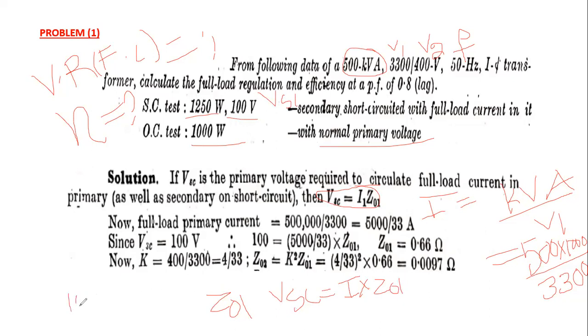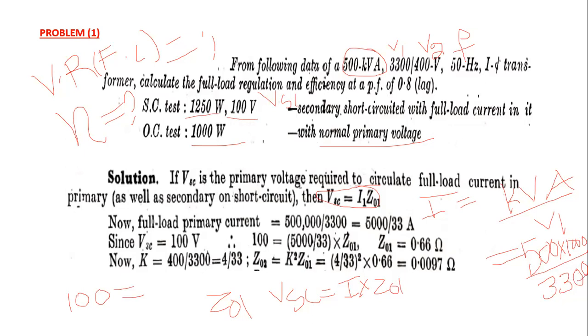First we substitute VSC, which is equal to 100. The current I is 500 into 1000 by 3300.